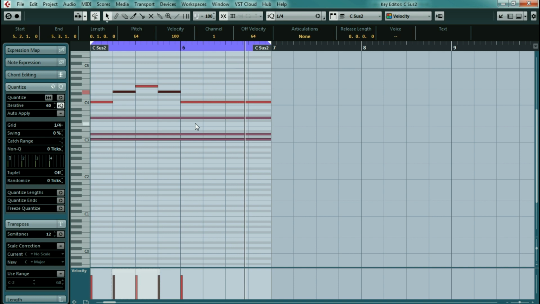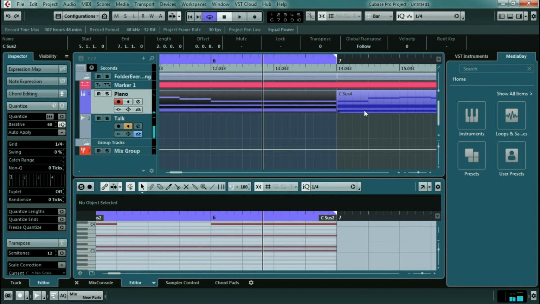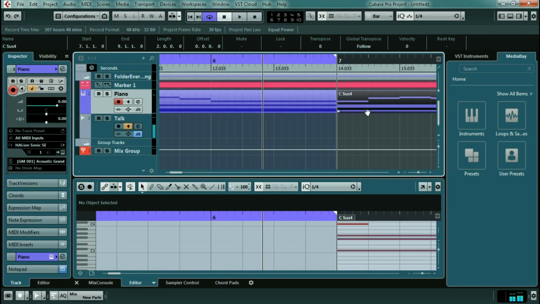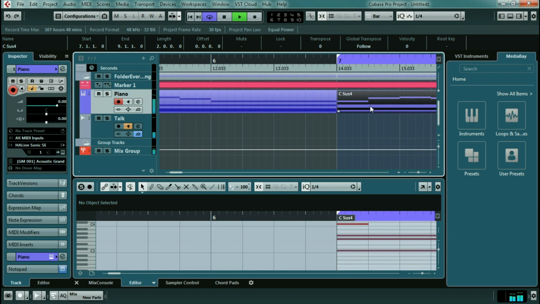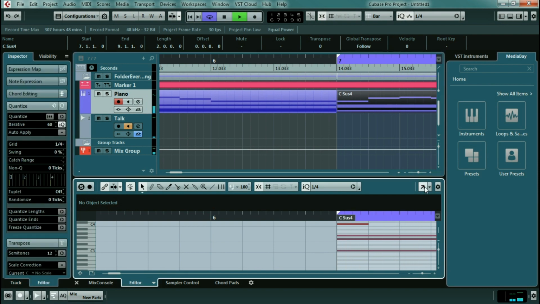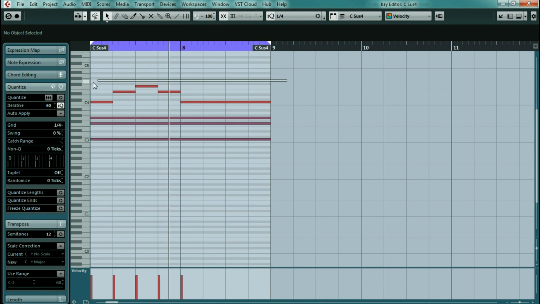However, if we put the flatted 3rd in the melody, now it defines a minor chord. So now it's playing a C minor chord. And then one other common variation is the C sus4 or suspended 4 chord. So let's take that melody out of there.